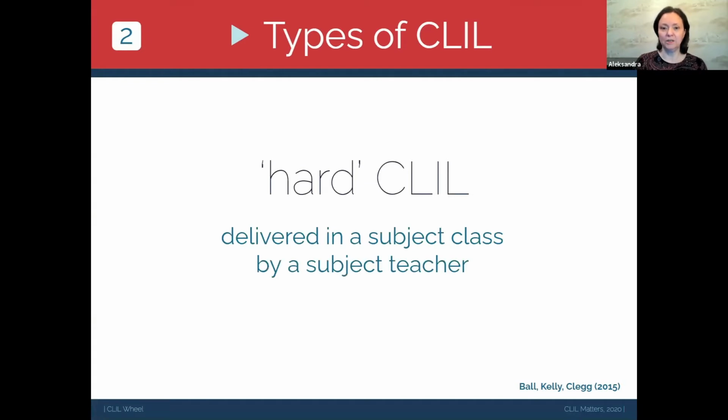Subject teacher, yes, so I'm a qualified geography teacher, and everything was subject driven, which means that I had to follow the curriculum of my subject according to what the Ministry of Education designed as the geography curriculum for the specific level of education.